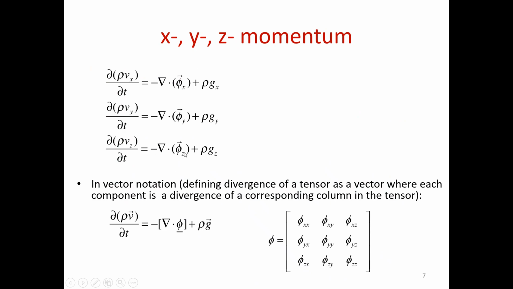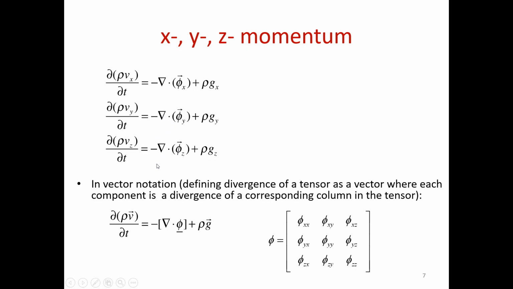And technically there is a shorthand notation for this, which is a lot to grasp, but it is helpful for writing things: d rho v/dt is the negative divergence of a tensor. So basically, the divergence of a tensor has coordinates, these three scalars.